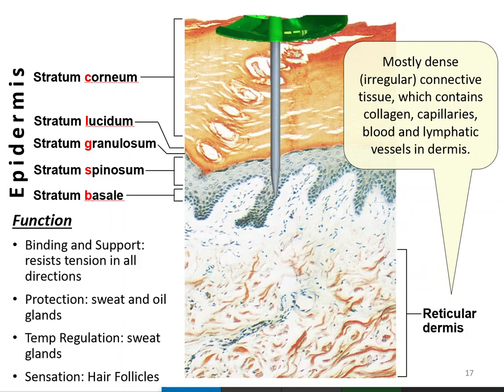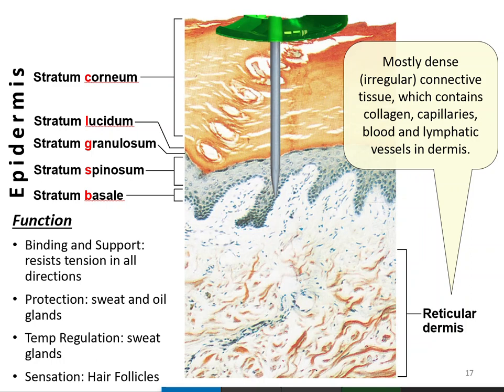And then the last layer of the dermis is the reticular dermis. This is made of mostly dense, irregular connective tissue, and it contains lots of collagen fibers. It still has capillaries, plenty of blood and nutrients in this area, and still lymphatic vessels.